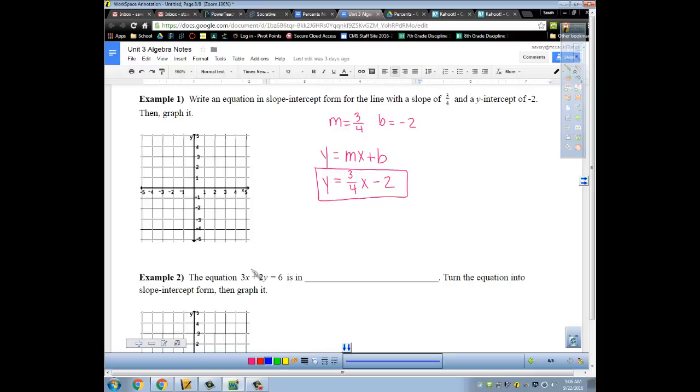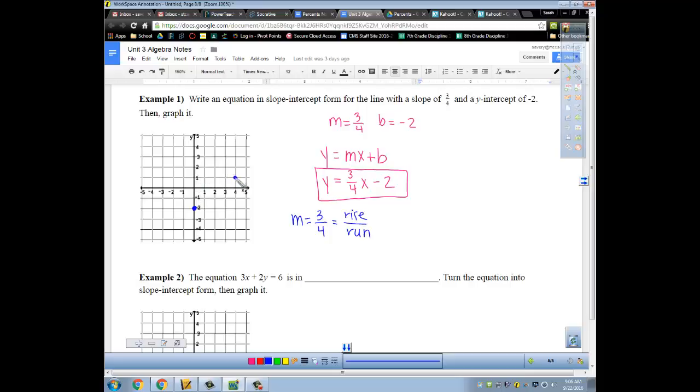And then when I go to graph it, you begin with the y-intercept. So the y-intercept is where it hits the y-axis. So I need to look at the y-axis, find -2, make a dot. So you always start on the y-axis. And then your slope is 3/4. So remember that slope is also rise over run. So this tells us we're going to rise 3 from the dot we just made, and we're going to run 4.